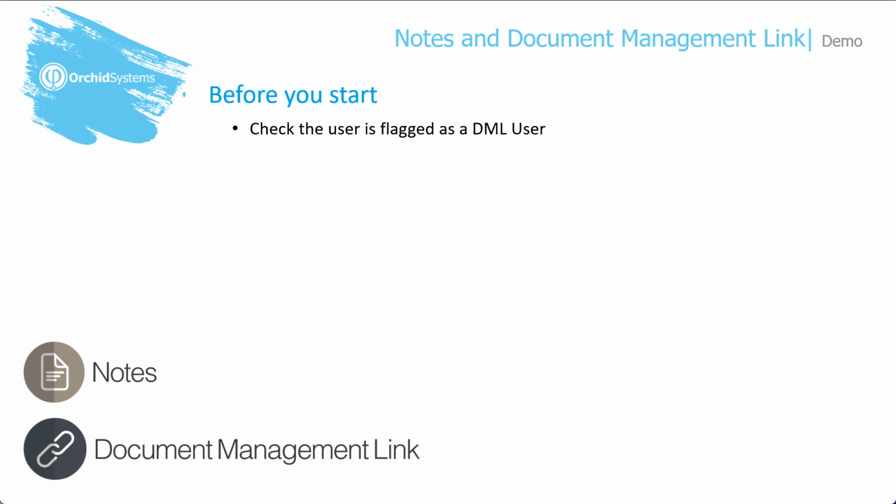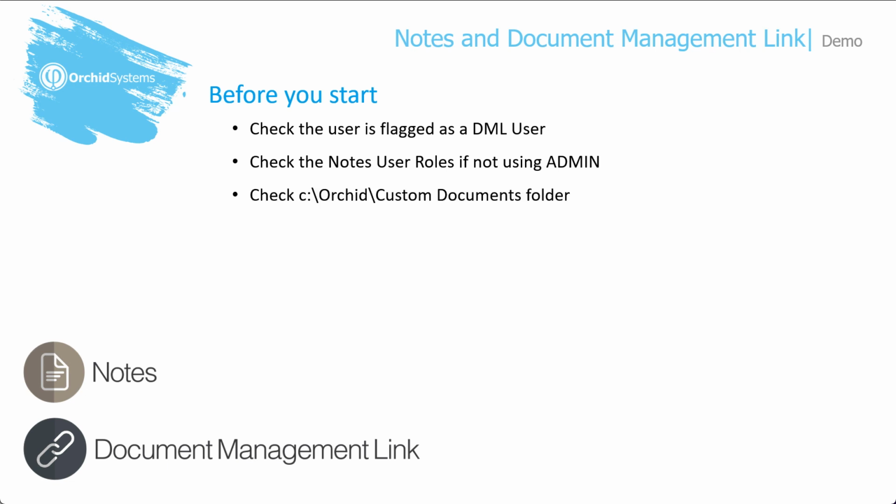In particular, if you're not using admin to log on to your Sage 300 database, you want to check that the user is flagged as a Document Management Link user. You also want to check that the user has user security to view the notes roles. And you want to have a look at the Orchid documents, custom documents folder.